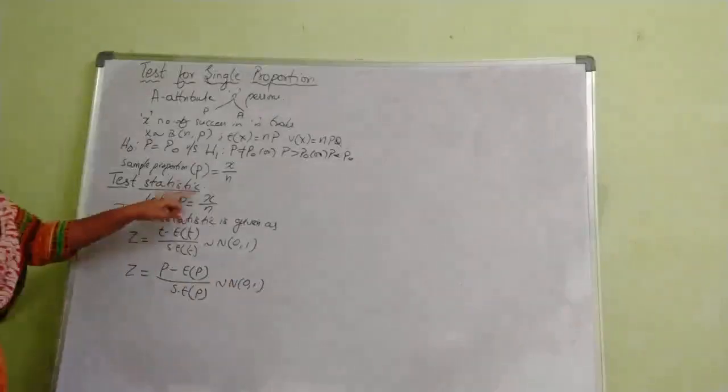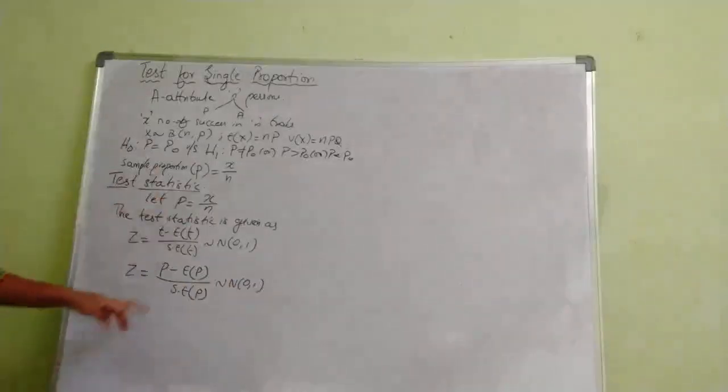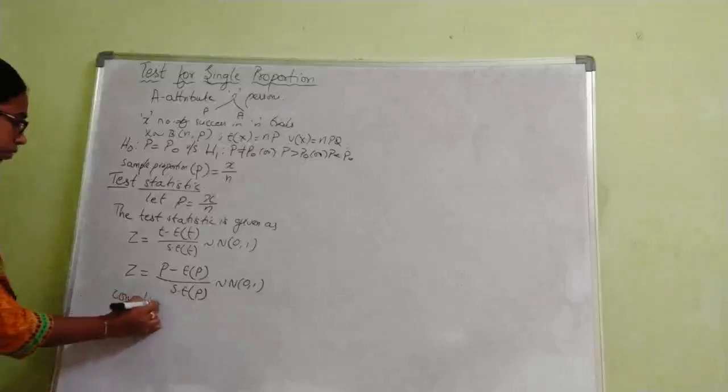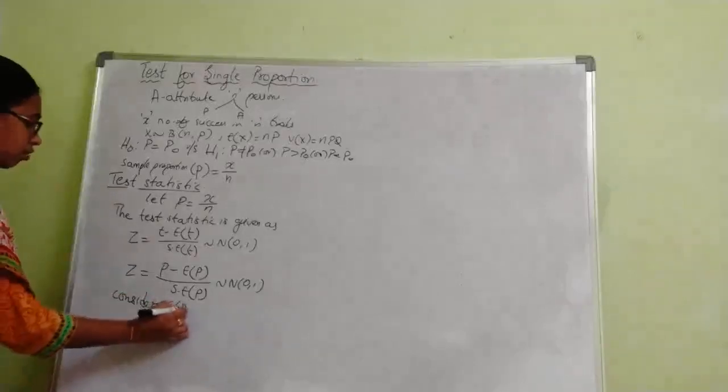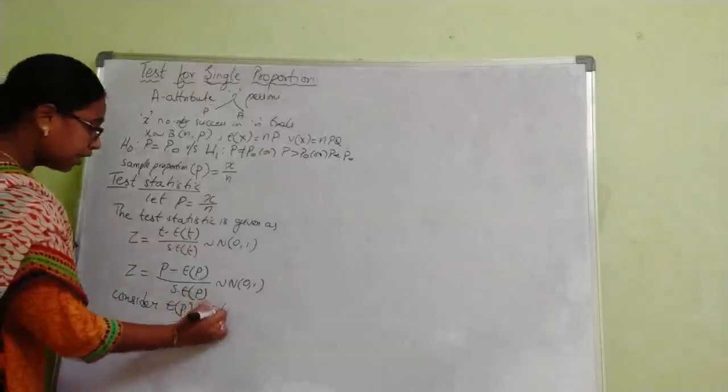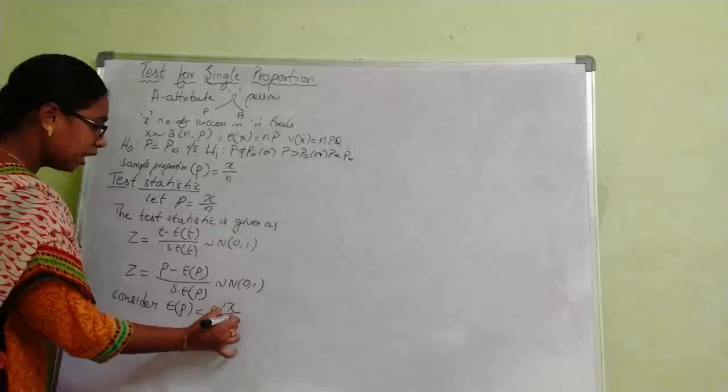Now we know the p value is x by n, but we don't know the expectation of p and the standard error of p. So now we'll find those values. First, expectation of p. What is p actually? x by n. So it equals expectation of x by n.